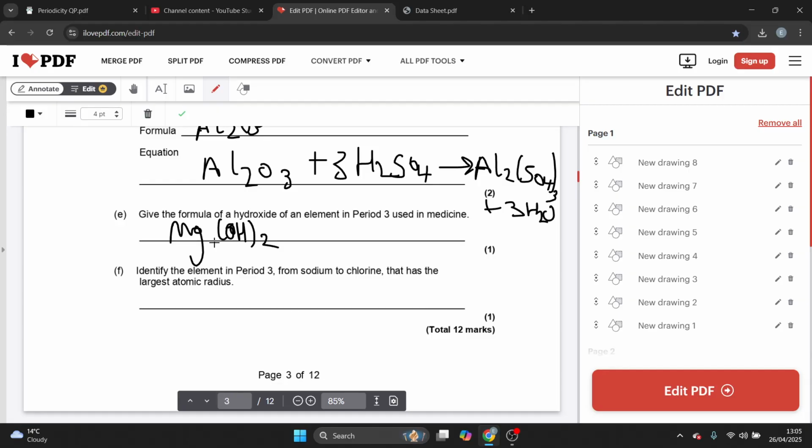Identify the element in period 3 from sodium to chlorine that has the largest atomic radius. This one's a bit tricky.